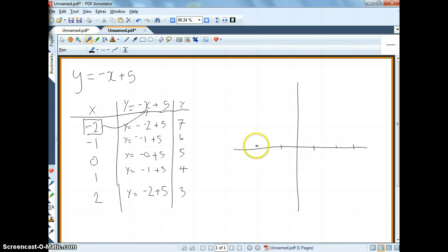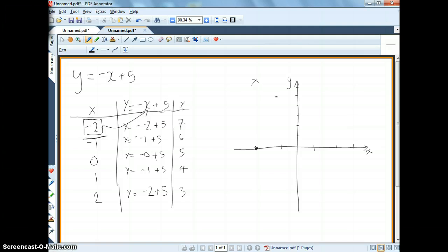Take them on to a Cartesian axis, which I'm hoping you're familiar with. X is the horizontal, Y is the vertical. Minus 2 on the X is here. Plus 7. Ooh. 1, 2, 3, 4, 5, 6, 7. Way over here. Use the lines in your grid book to do this, right?